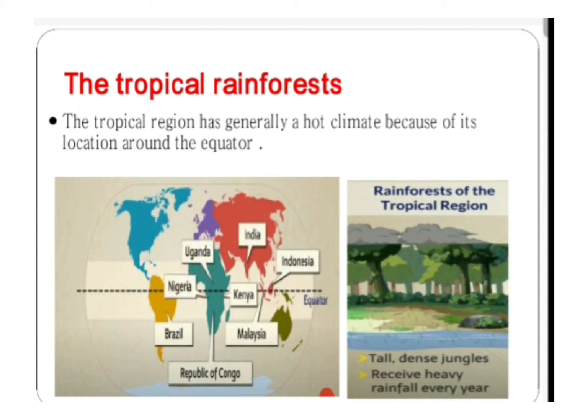These regions have tall and dense jungles and receive heavy rainfall every year. This is an important feature of the tropical rainforest.